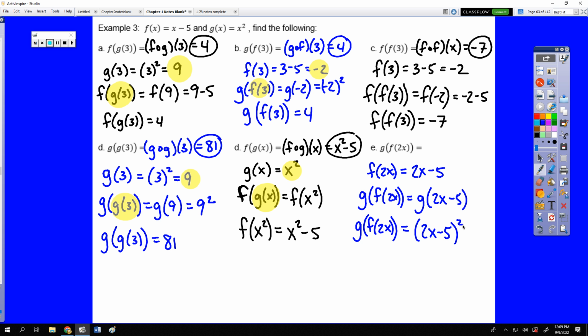Now be careful with that. Remember that when you square a binomial, you're really foiling it times itself, which means we would need to multiply that out and then combine like terms to get our final answer for g of f of 2x.